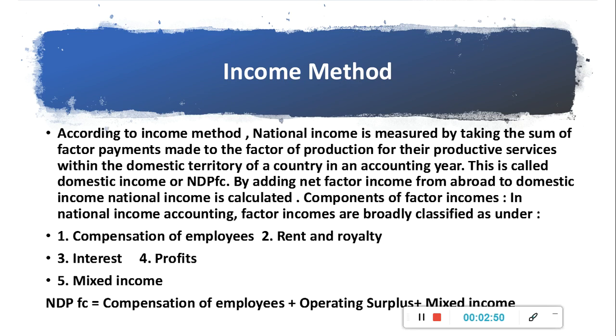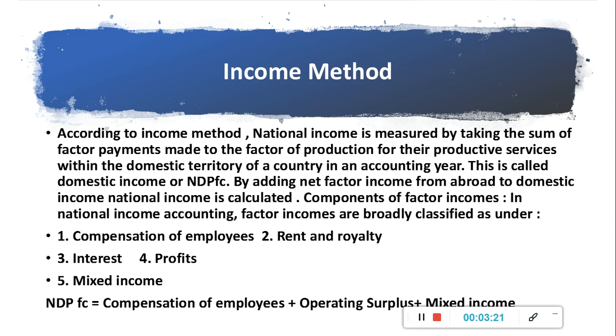This is the reward which land, property, or buildings receive for rendering their services, and interest is the reward on capital for rendering its services, and profit is the reward for the entrepreneur for undertaking the risk, for bearing the sacrifices, for bearing the pain, and for forming the business.